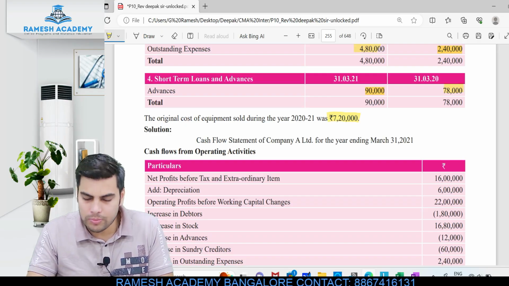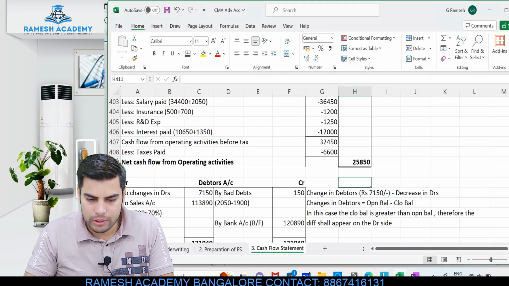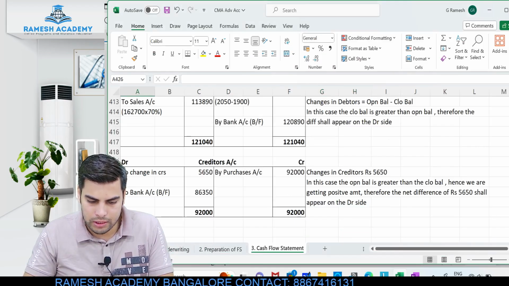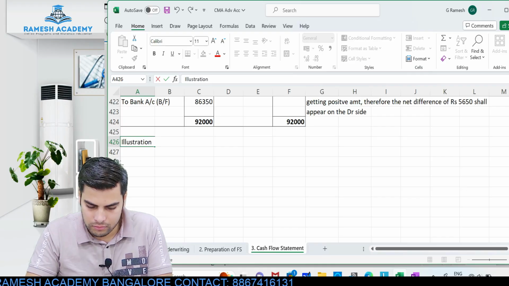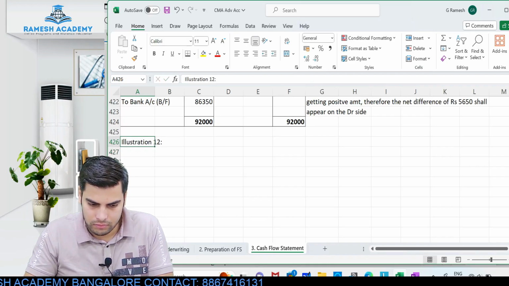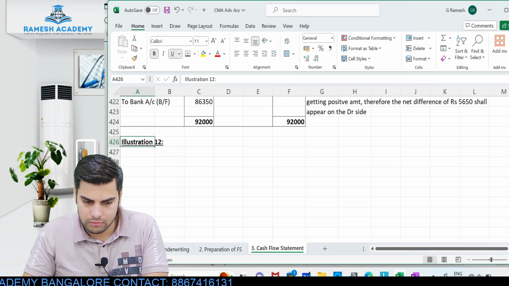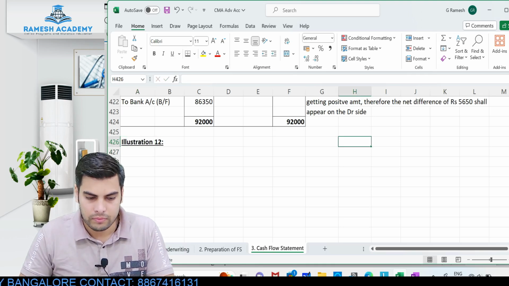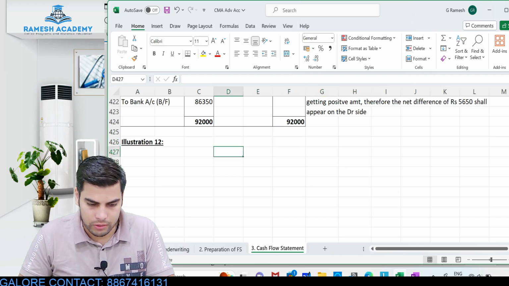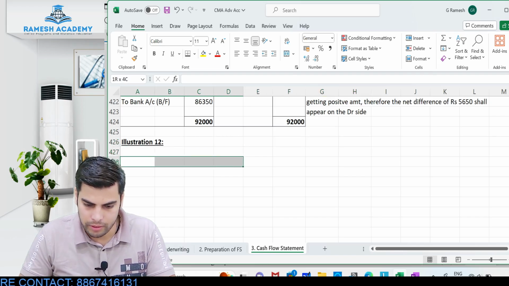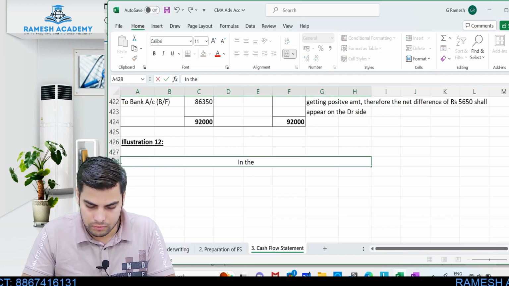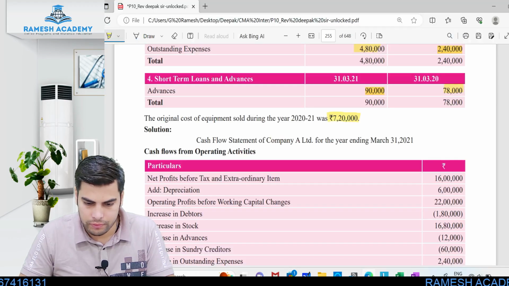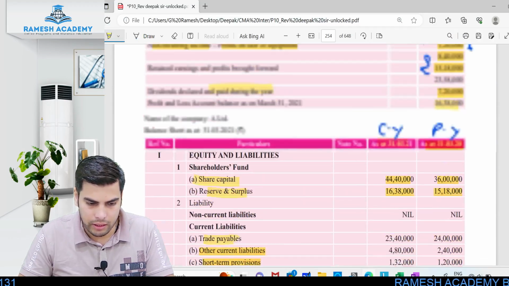Okay. Just go through this particular illustration. We'll be solving this. Just go through the illustration once. Shall we start? All right. So let's just prepare this cash flow statement. In the books of, what's the name of the entity?